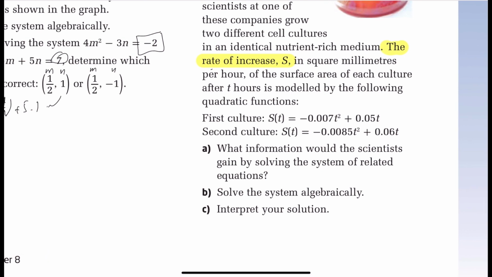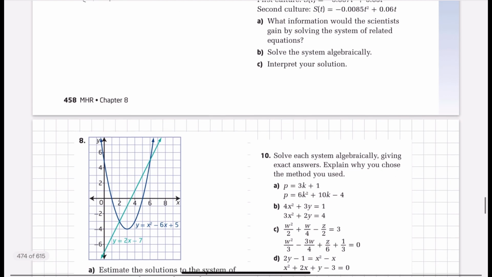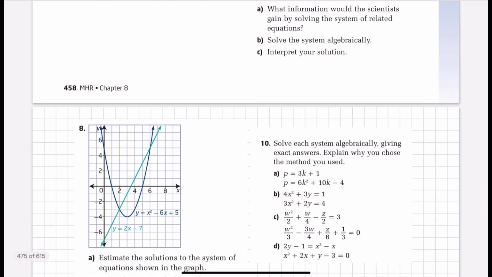Solve the equation algebraically, and you can also solve it graphically just to double check that you got the right answer. Interpret your solution? I will leave that to the English people. Interpretation is not my business.